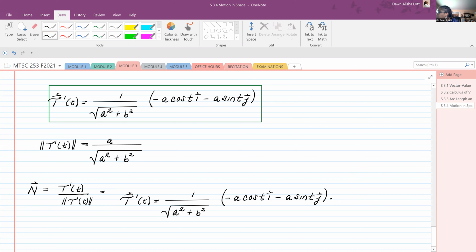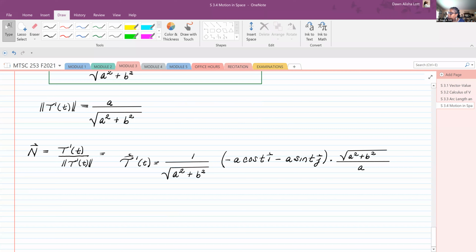So I'm going to get a squared plus b squared up here, and I'm going to get a down there.